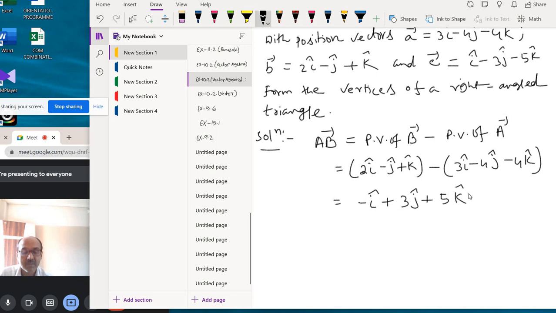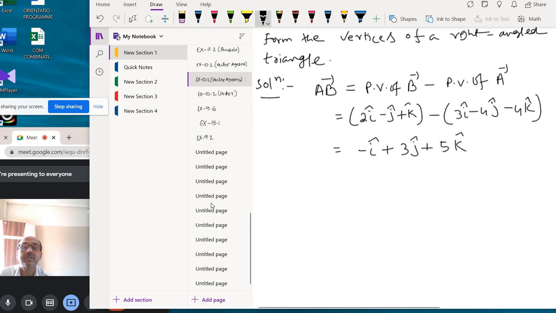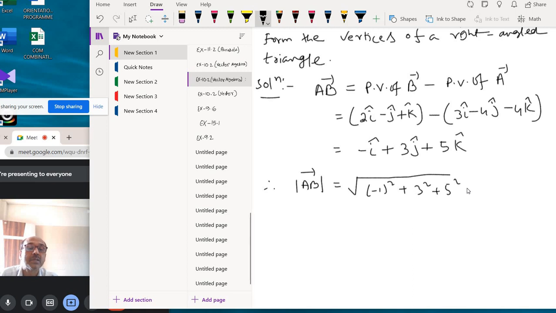Okay, now magnitude of this vector, magnitude of AB vector, therefore AB magnitude equal to under root minus 1 square plus 3 square plus 5 square.